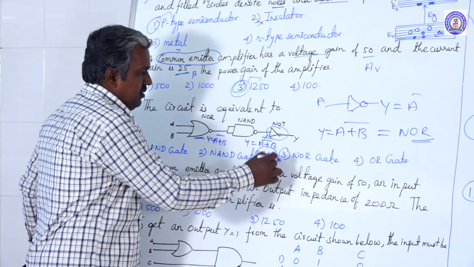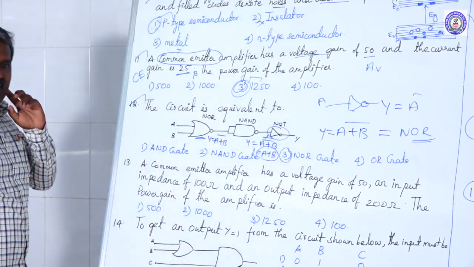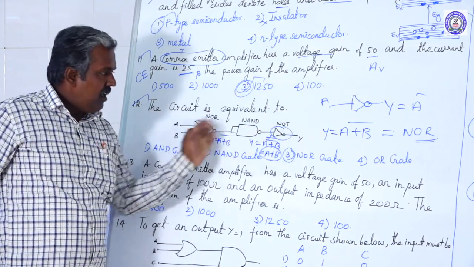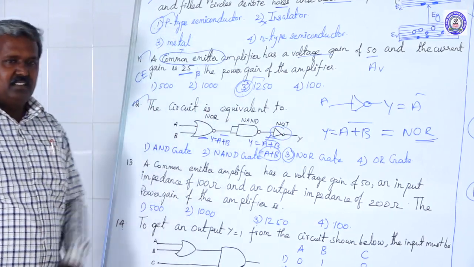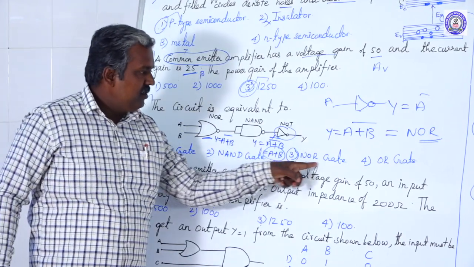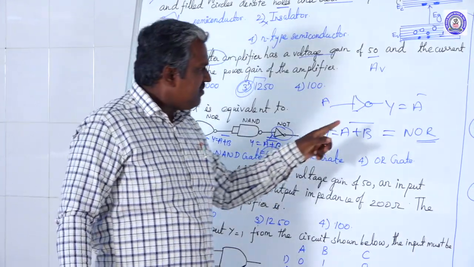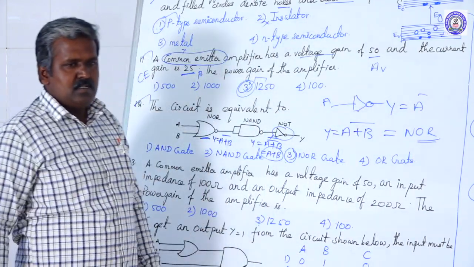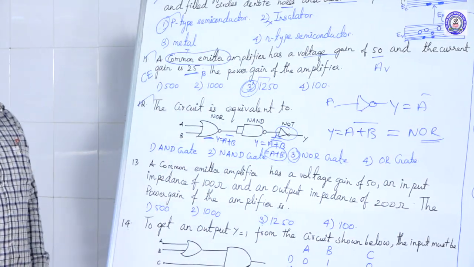Therefore, third option. Clear or not? NOR gate, NAND gate, NOT gate, all are complements. Keep in mind. So it is equivalent to a NOR gate because finally we get (A plus B) whole complement, which is the output of a NOR gate. Clear?